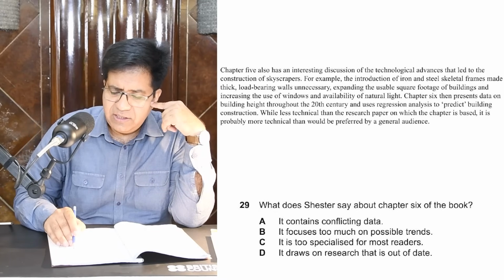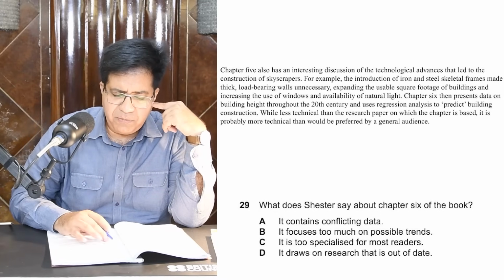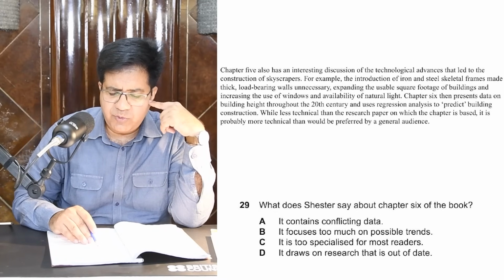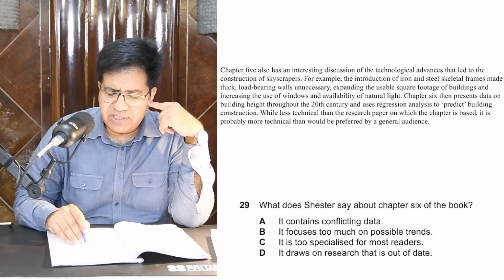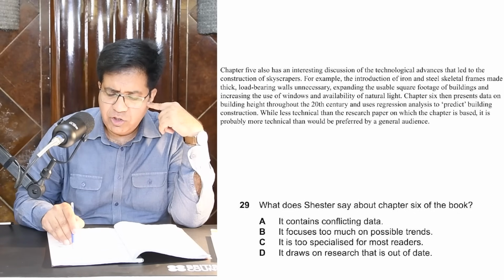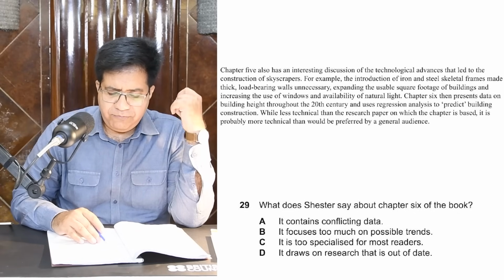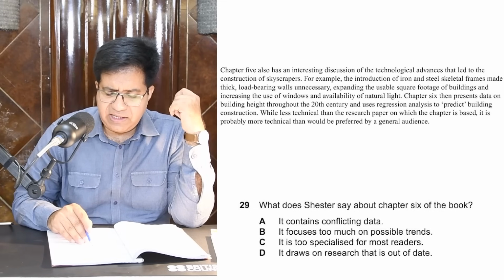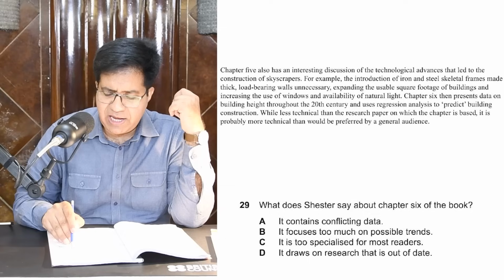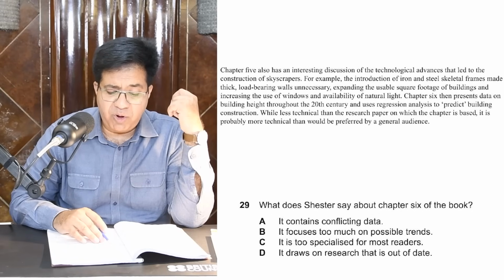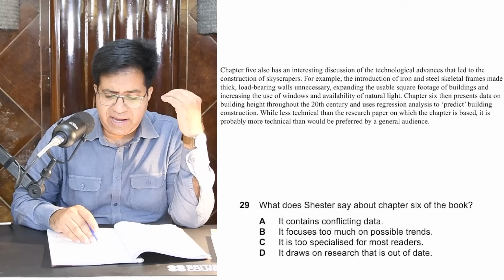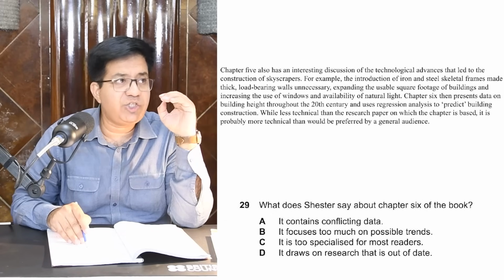Chapter 6 then presents data on building height throughout the 20th century and uses regression analysis to predict building construction. While less technical than the research paper on which the chapter is based, it is probably more technical than would be preferred by a general audience.